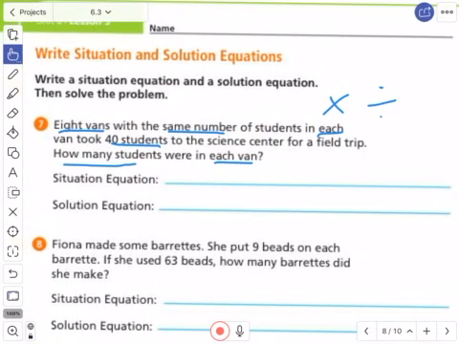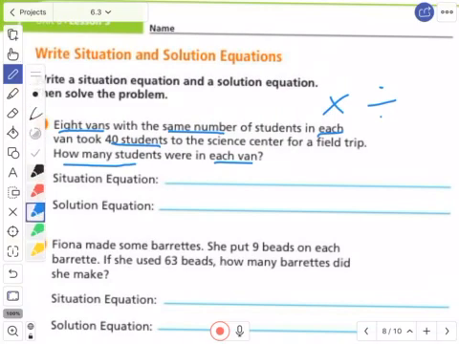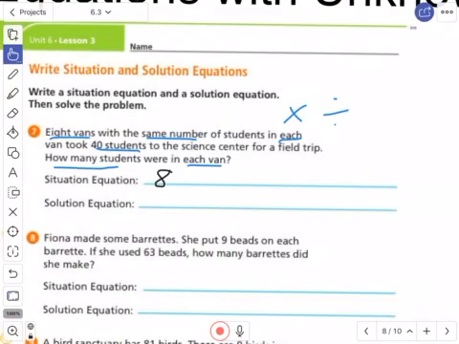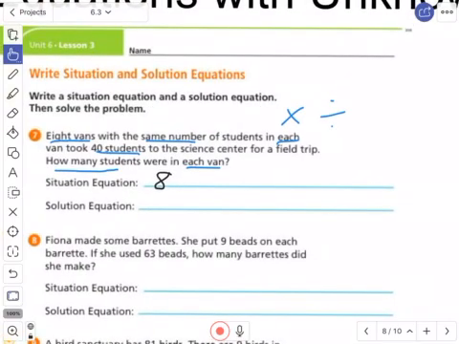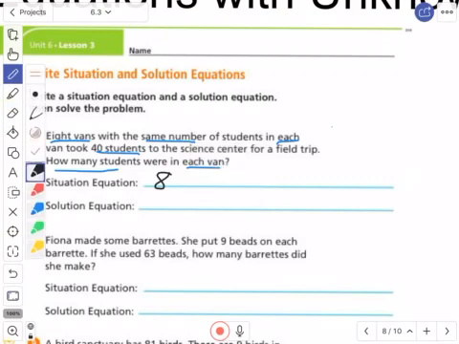Okay, so I've got to think, what's happening in this problem? Well, there are 8 vans, the same number going in each van, and they took 40 students to the Science Center for a field trip. If I was going to just draw a picture for it, I could think about it like this.